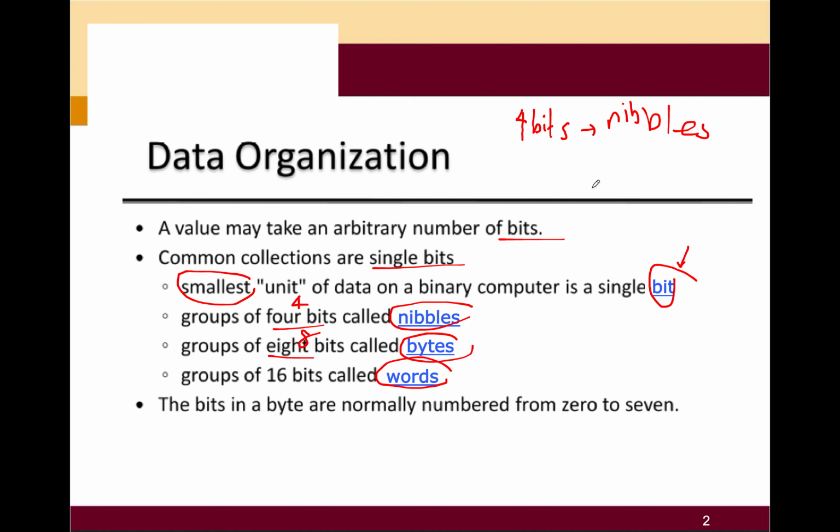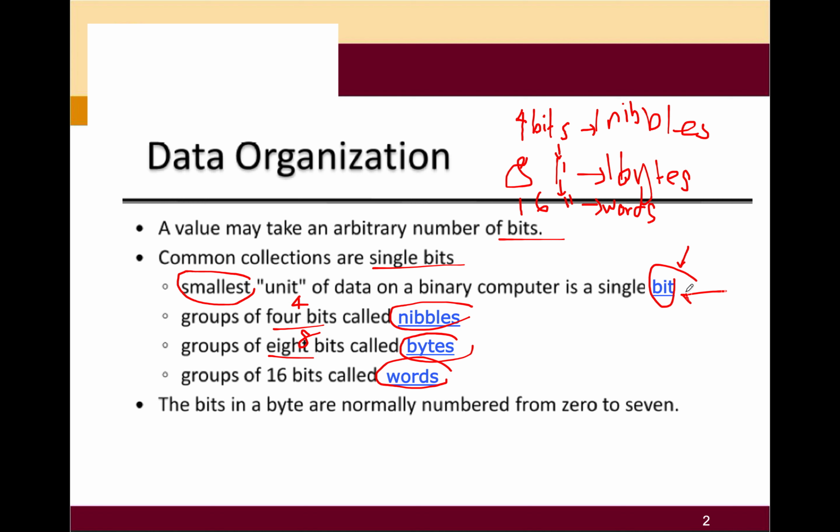If you have 8 bits, you get a byte. 1 byte is 2 nibbles, which is 8 bits, and another one is 16 bits, and you will get a word. So please try to remember this.